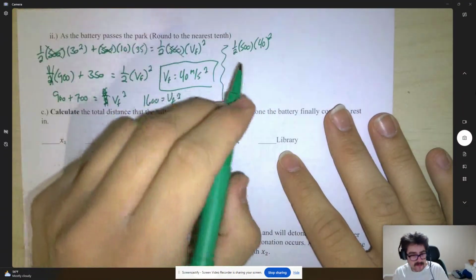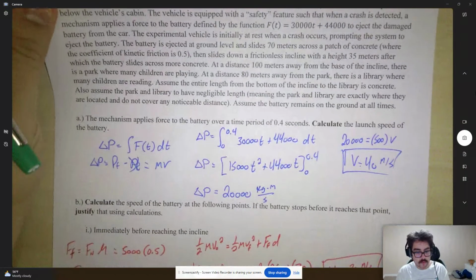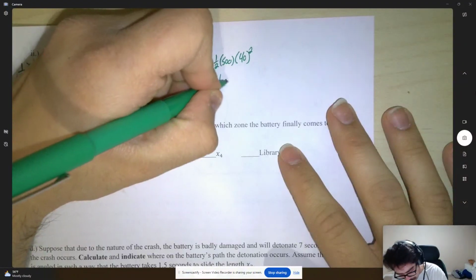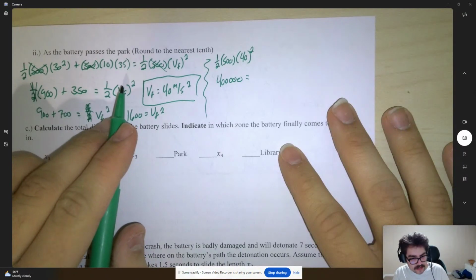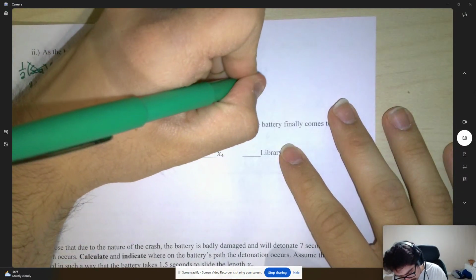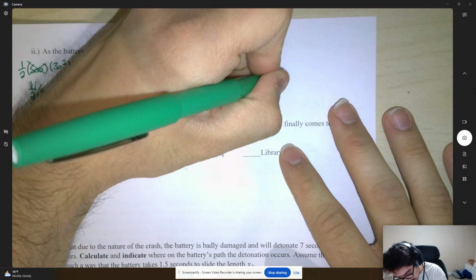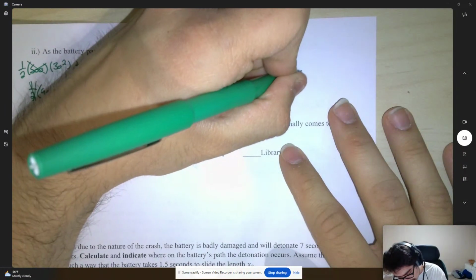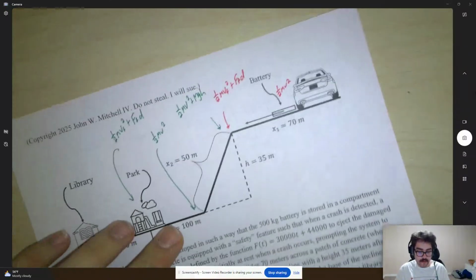This is actually the same as we did earlier. I think we found that kinetic energy earlier. It was 400,000, right? So I'm actually just going to write 400,000. And then the final speed is going to be 1/2 mv final squared. That's what I'm trying to figure out. And then I can add to that the amount of energy dissipated, so 2,500 times the distance, which is now 100.